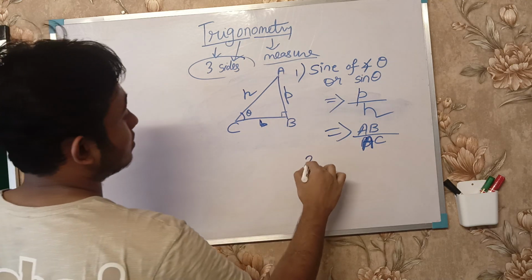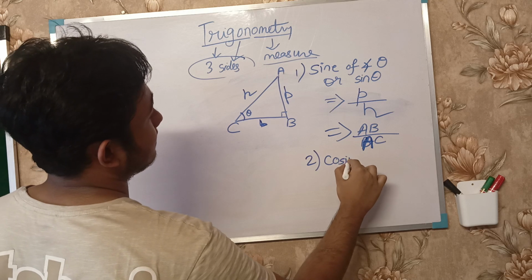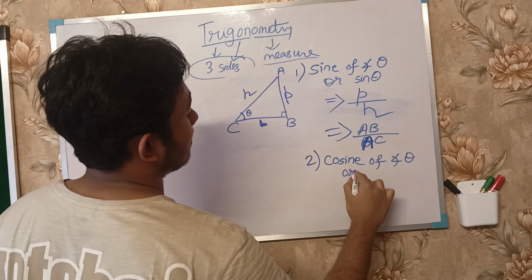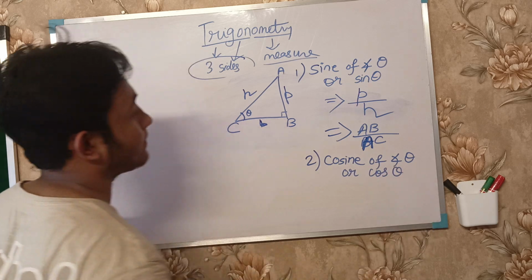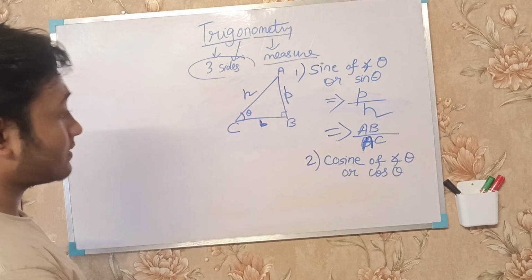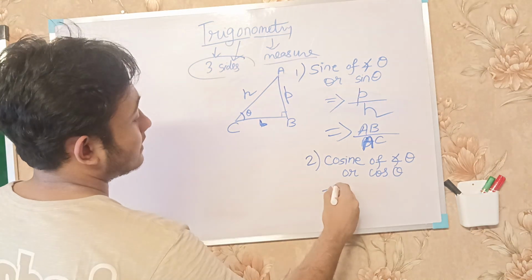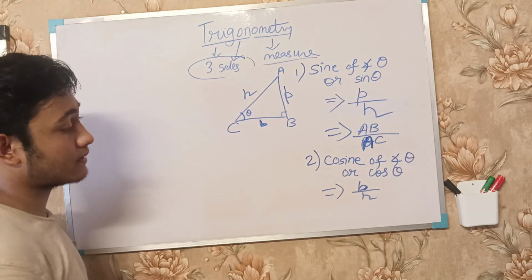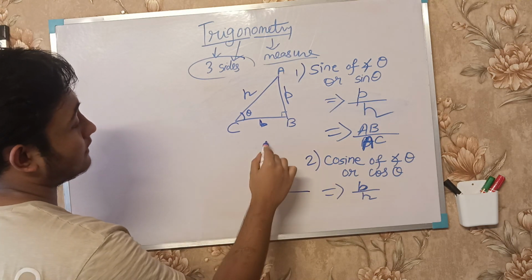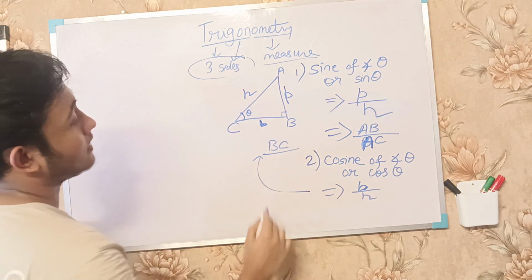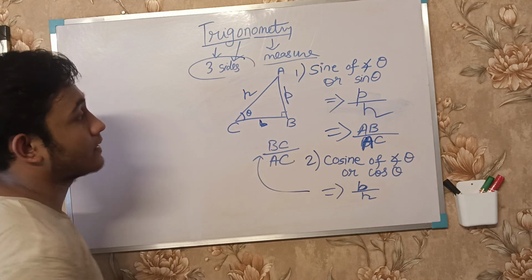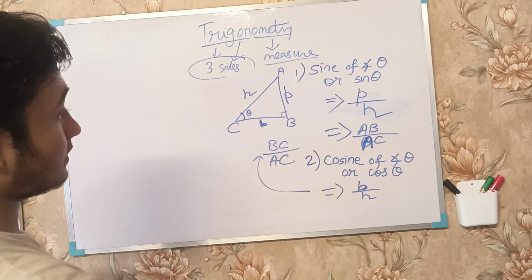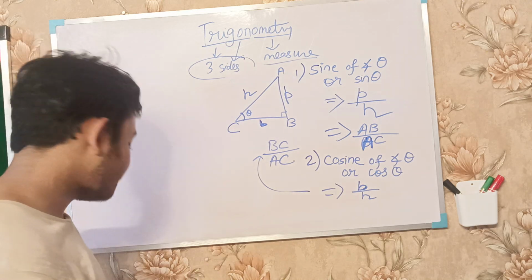Now we go to cosine of angle theta, or cos theta. This is the base by the hypotenuse. In this case, our base is BC and our hypotenuse is AC. So cos theta is BC by AC, which is base by hypotenuse.